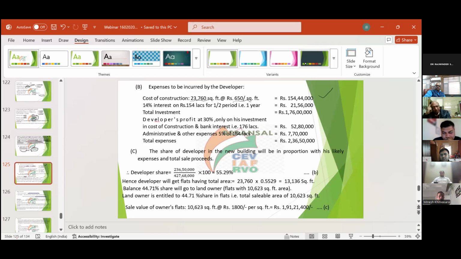Over this he has to pay 14% interest. The time period given is 2 years. We assume he has to pay interest for half of the period, that is 1 year. So the interest he will pay at 14% over 154 lakhs will be 21 lakh 56,000. So in total he has to invest 1 crore 76 lakh.